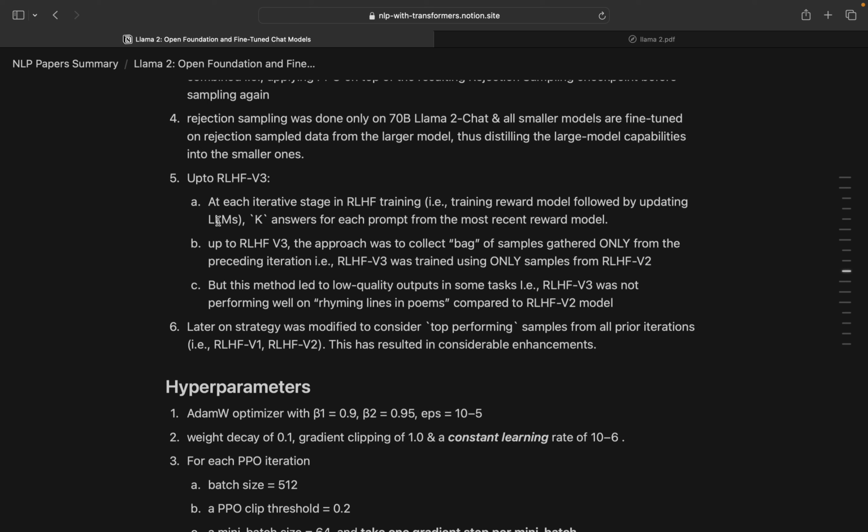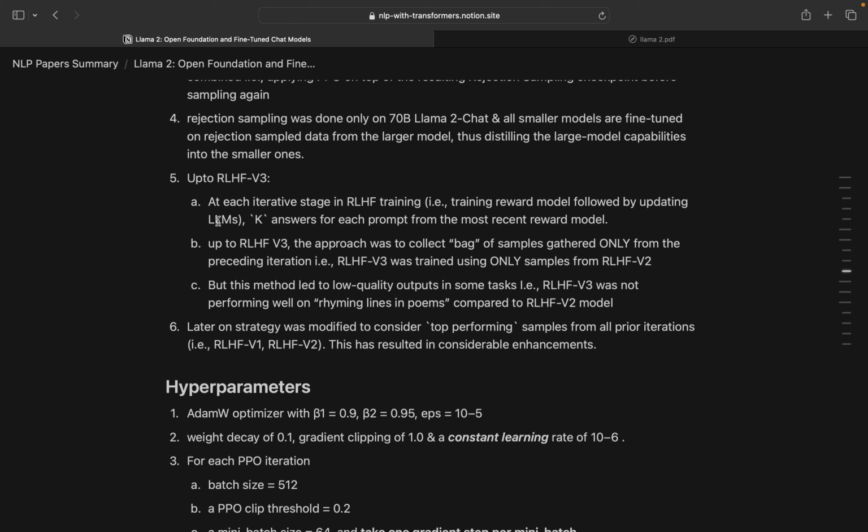So if you want to train RLHF V3, they did the rejection sampling only on V2. This led to what seems like catastrophic forgetting. Actually, they did not say catastrophic; they mentioned that the model might have forgotten things it had already learnt in V1 and V2, and that is something for future research.